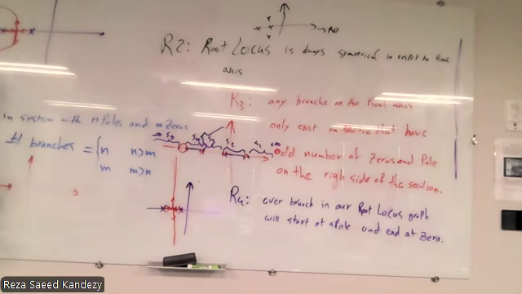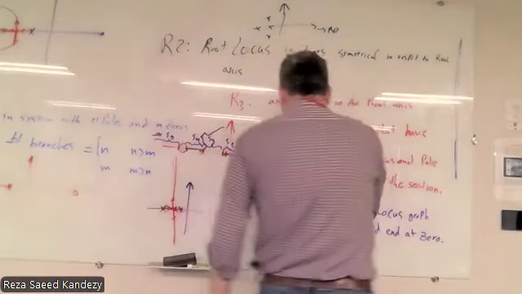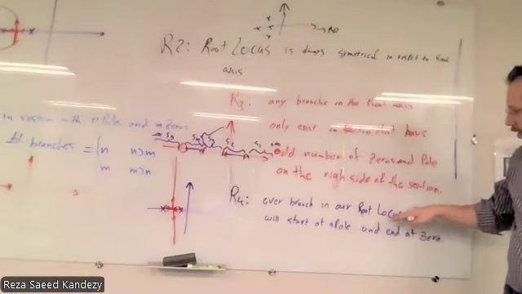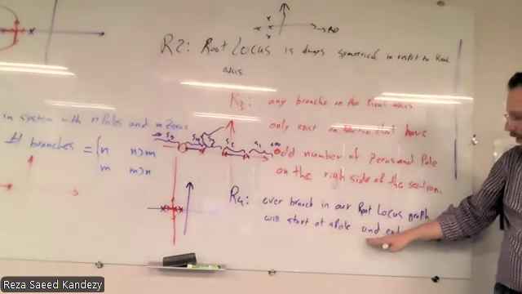We have a branch on this part, no branch on this part, a branch on this part. Here, no branch, one branch here, no branch, a branch here, no branch. Rule number 3, correct?